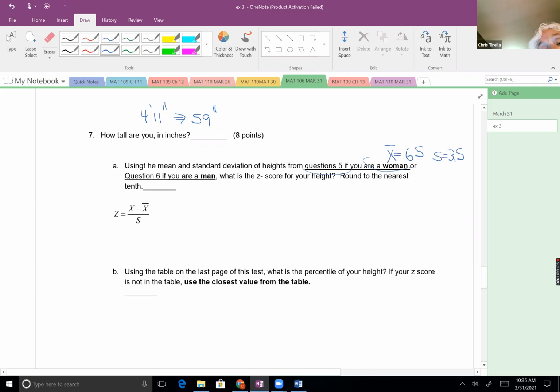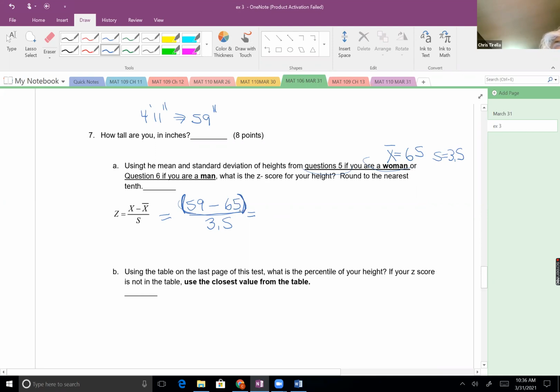First thing I'm going to do is find the z-score. Remember, the z-score is the data value minus the mean, divided by the standard deviation. Make sure when you do this that you subtract first before you divide. If you try to do it in your calculator all in one fell swoop, you've got to put parentheses around there.